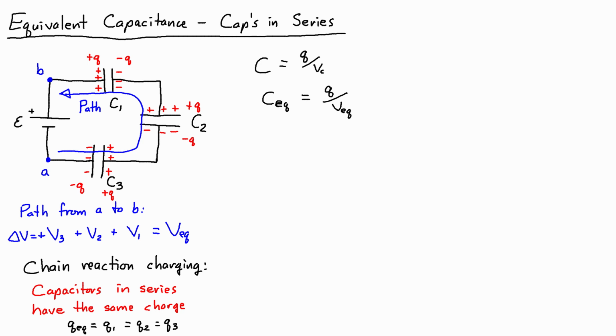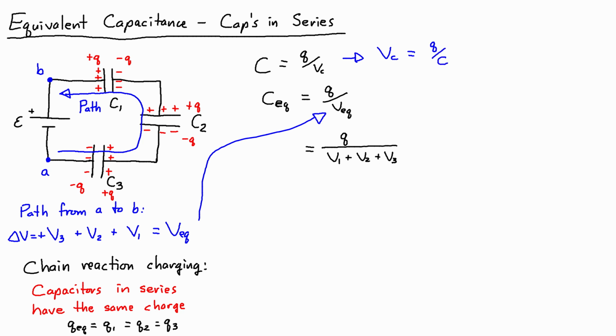And the reason I do that is because then I can substitute that in for the equivalent voltage to solve for the equivalent capacitance. So I have Q over V1 plus V2 plus V3, and the next step is to express the voltage of each one in terms of Q and C. So from the general expression C is equal to Q over V, that gives me that the voltage across any capacitor is equal to Q divided by the capacitance.